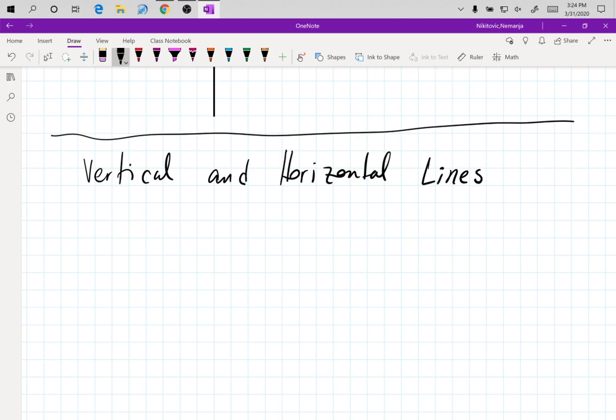So what we have is vertical and horizontal lines now. Vertical lines have equation x equals a number, and horizontal lines have y equals a number. So those are the equations.